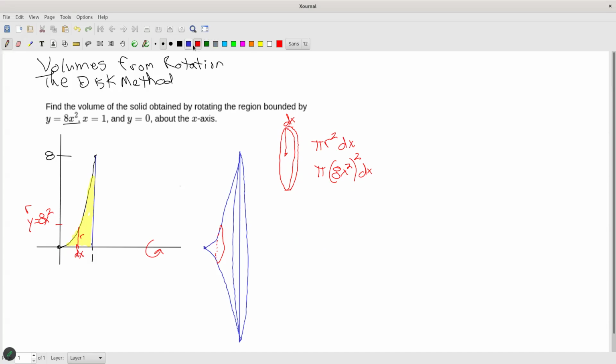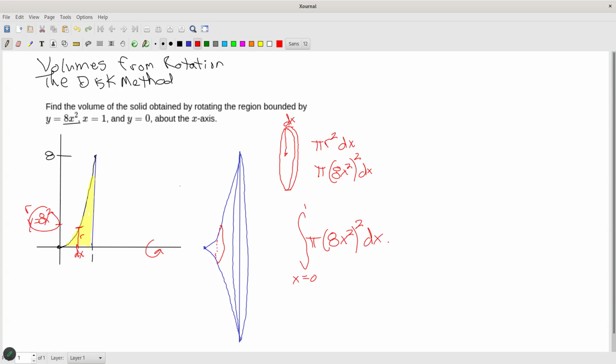So our volume then is the integral as x goes from 0 to 1 of all of these disks that are going to make this three-dimensional shape. And that's going to be pi times (8x squared) squared. So pi r squared, r is that y value right there, dx.